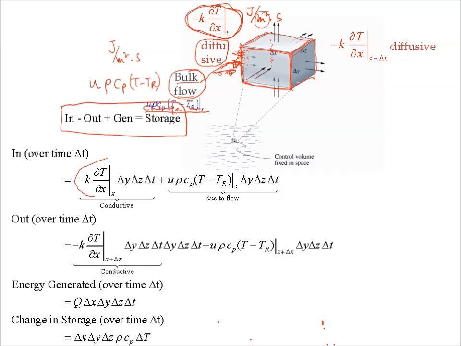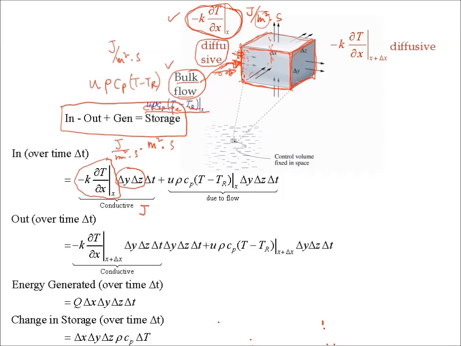So this is my flux, joules per meter square per second, times the area of this phase, which is the same as this phase, which is delta y, delta z. So times meter square and times a second. Then this is the amount in joules of energy that went into this control volume through the mechanisms of conduction and flow.